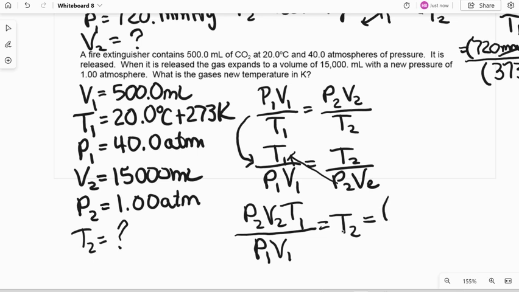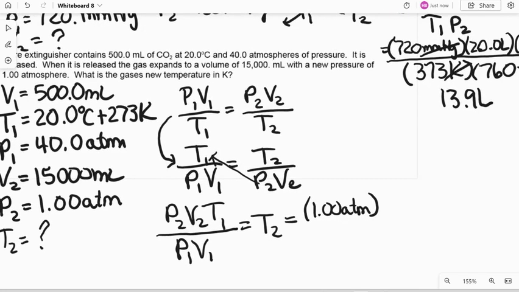So P2 is 1 atmosphere. V2, 15,000 milliliters.